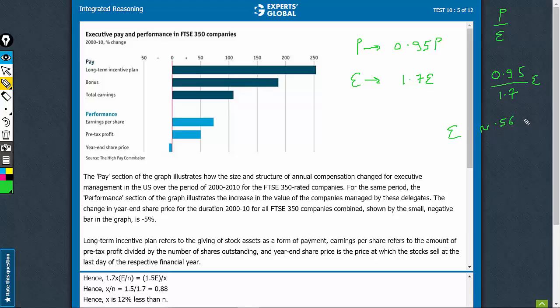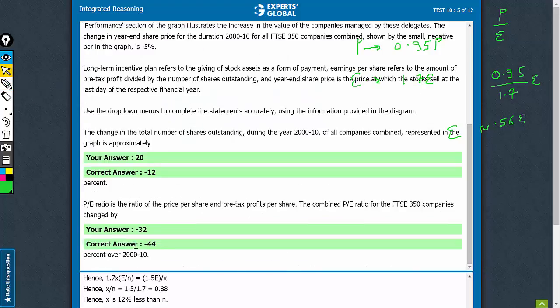So the ratio has become almost 0.56 times, which is a decrease of approximately 44%. So yeah, minus 44% decrease is the right answer. For the first one, the right answer is minus 12%, and therefore these are the right combination of answers.